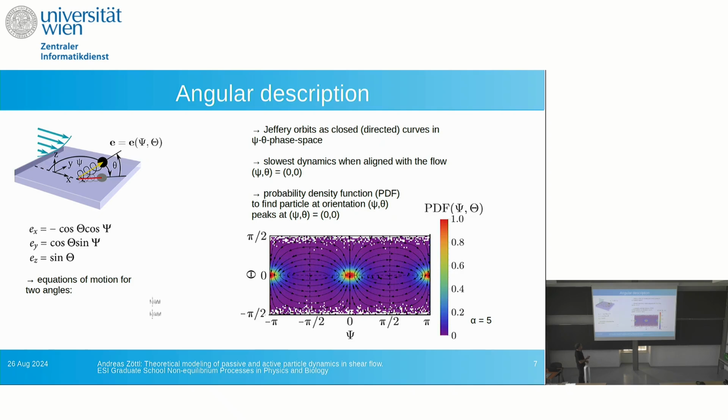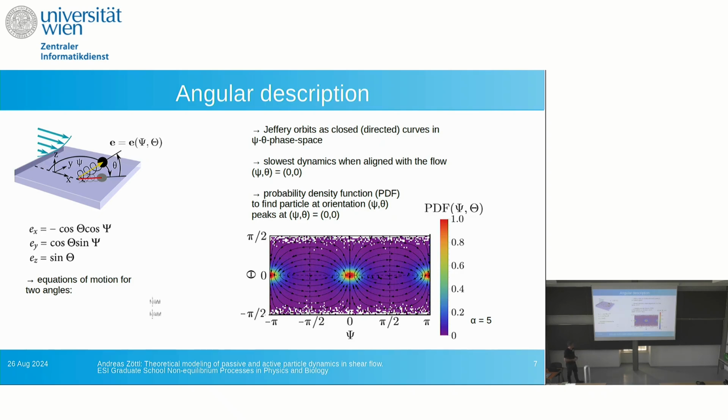What is also shown on this graph are these colors. These colors tell you the probability density function to find a particle at a specific orientation. This is here for an elongated particle. There is no noise in the dynamics, but you see some noise because here I just integrated the equations of motion of many particles at random initial conditions.